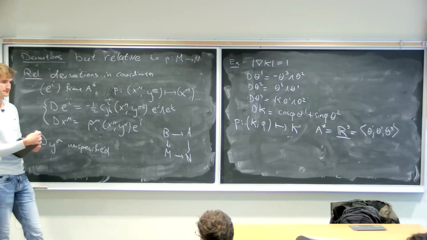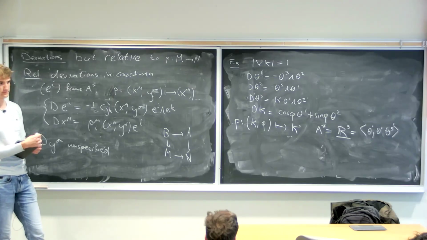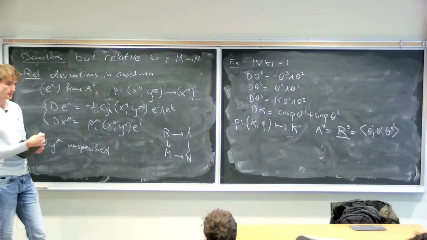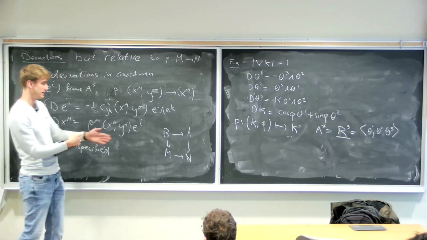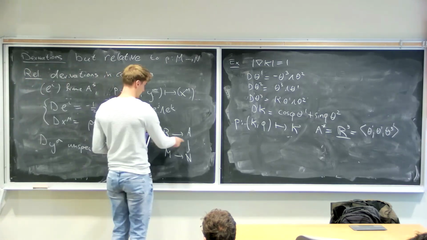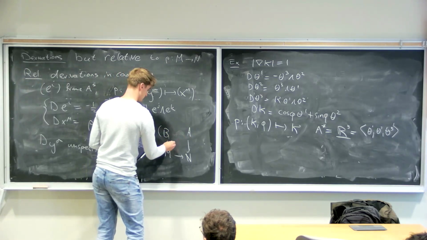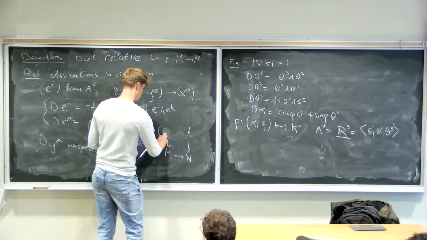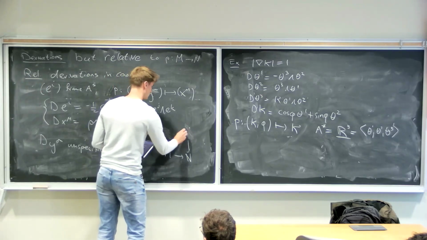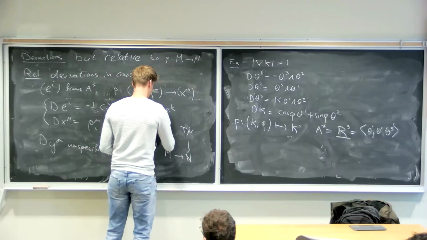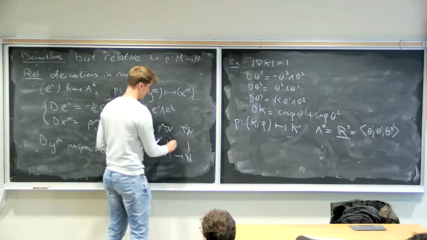Is that accurate? That's very accurate. Or maybe you can think of basic forms. You can think of, instead of on M, take A to be the tangent bundle of N, T N, with the pullback.